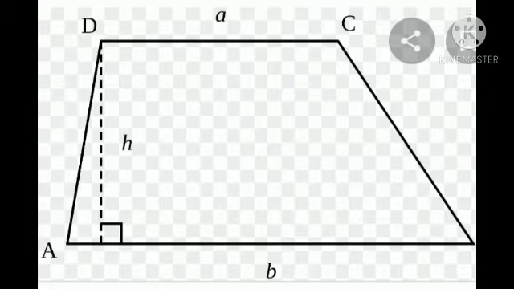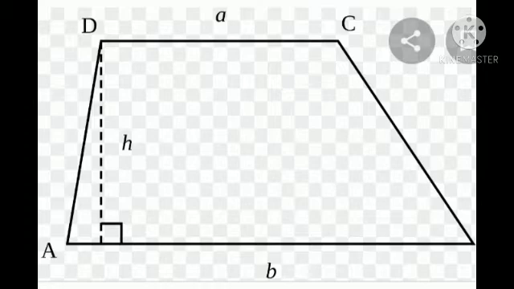In this figure you can see A and B are parallel sides and H is the perpendicular distance between these two parallel sides. So, to find the area of a trapezium, we need only the length of these parallel sides and the height between them.